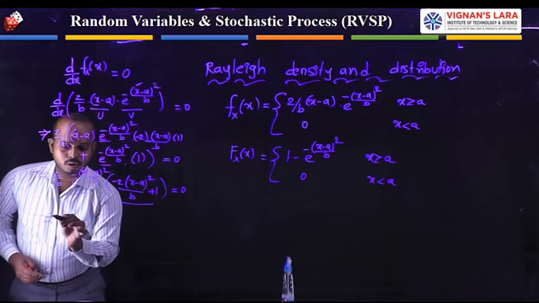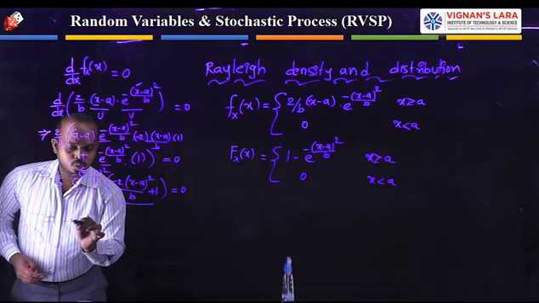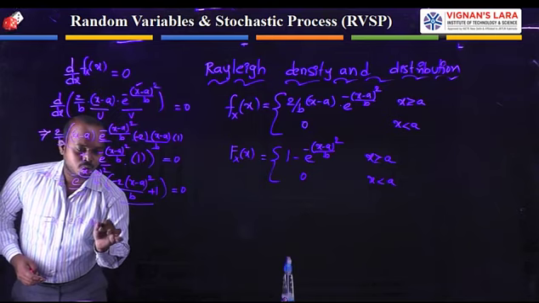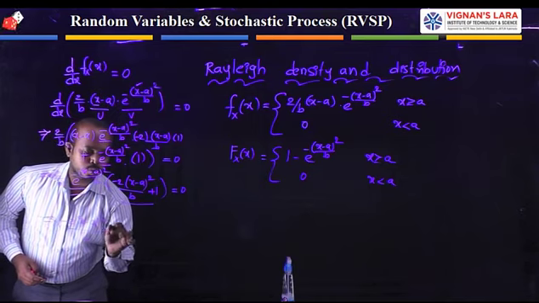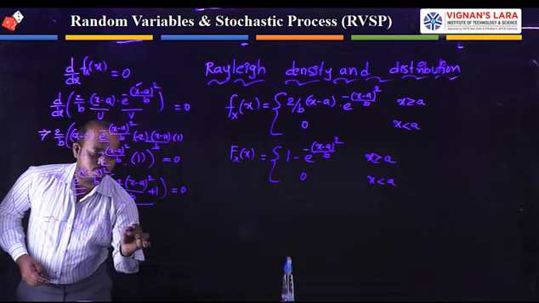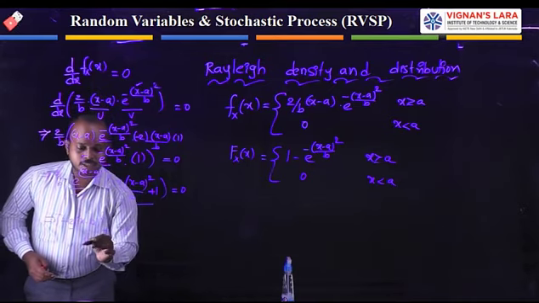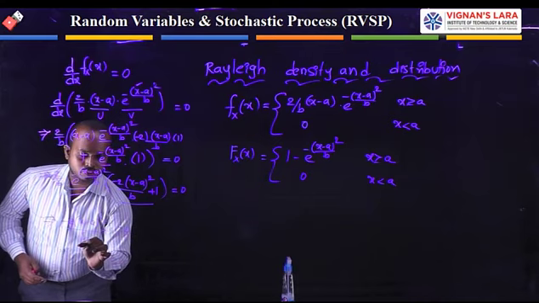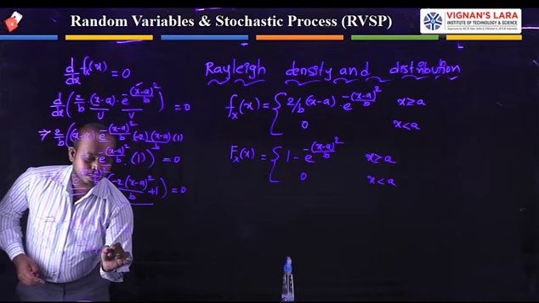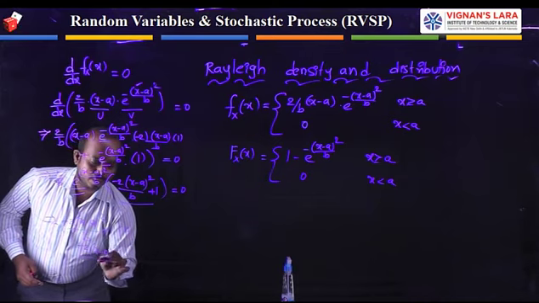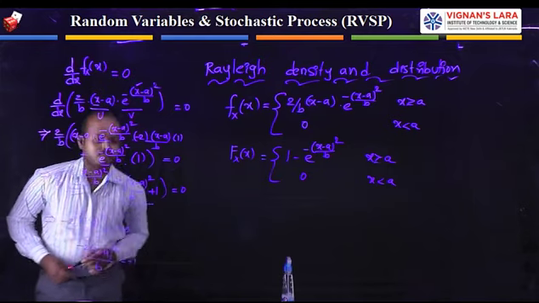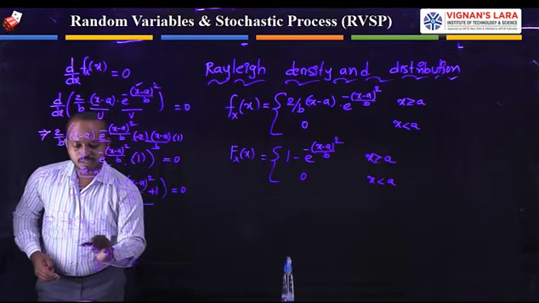From this relation, minus 2(x minus a) whole square by b plus 1 is equal to 0. Now I am moving this 1 to the right hand side, where it gets the negative sign. So minus 2(x minus a) whole square by b is equal to minus 1. On both sides the negative sign is cancelled.